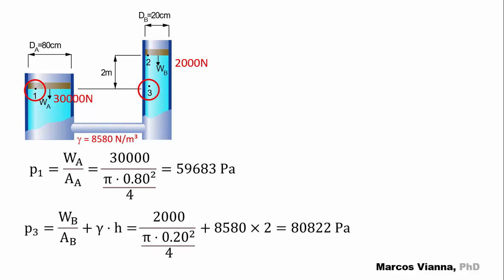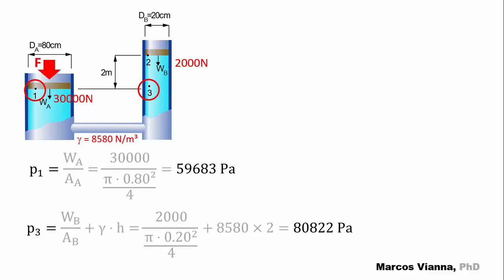P3 equals WB over AB plus gamma H equals 2,000 over pi times 0.20 squared over 4 plus 8,580 times 2 equals 80,822 pascals.